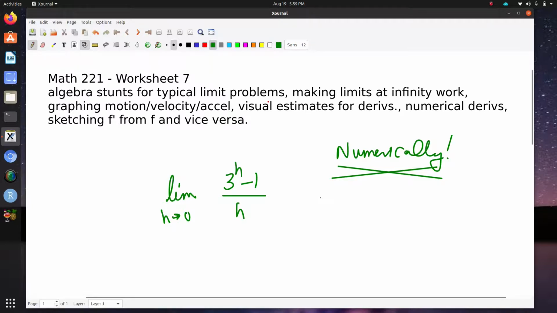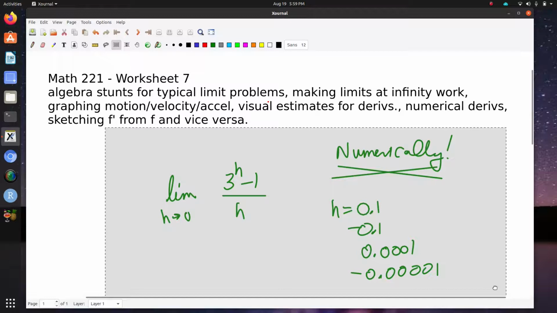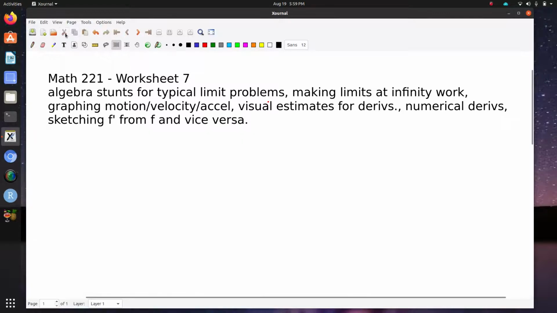But right now, just for this exercise, I want you to let h be tiny: let it be 0.1, let it be negative 0.1, let it be 0.0001, let it be negative 0.0001, things like this, and see where it's going, and where the number is stabilizing numerically. Don't worry about what it is analytically right now. That we will save for some time soon. Okay?